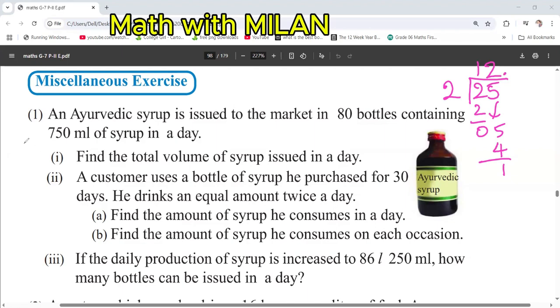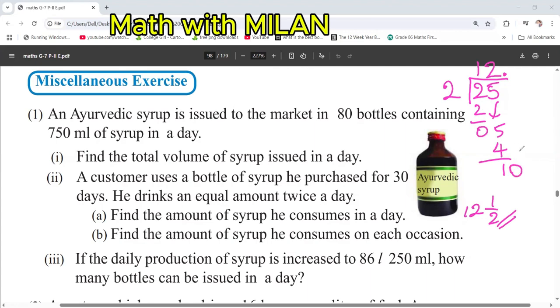And actually, I will show you 2 methods. You can do it this way, right? The remainder here is 1. Therefore, you can write the amount as 12 and half milliliters. The other way you can further do this division: put the decimal point here and then add a 0.